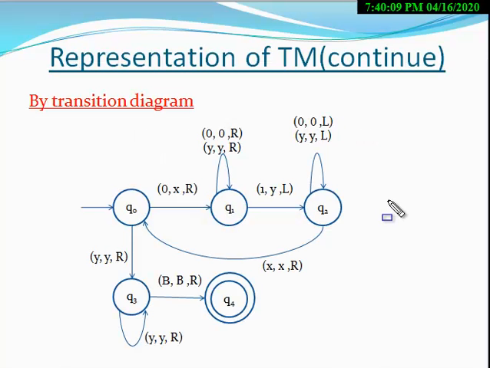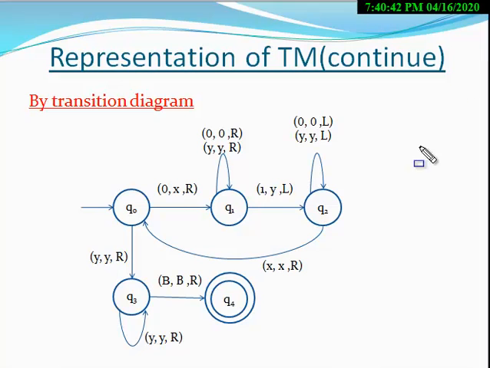Consider the following Turing machine. In this Turing machine, we shall test some string which will be either accepted or rejected. To test the input string, we consider this Turing machine.